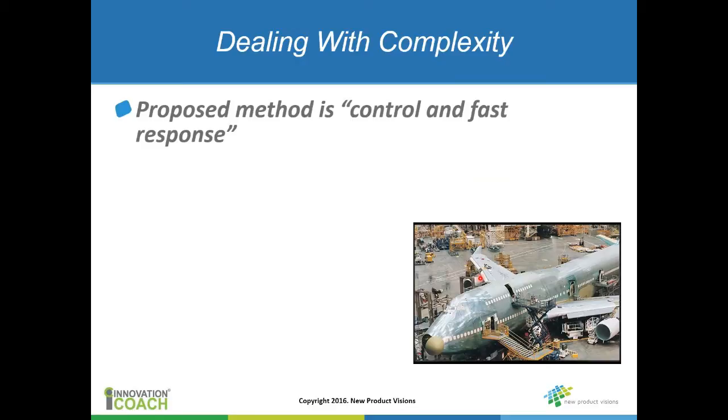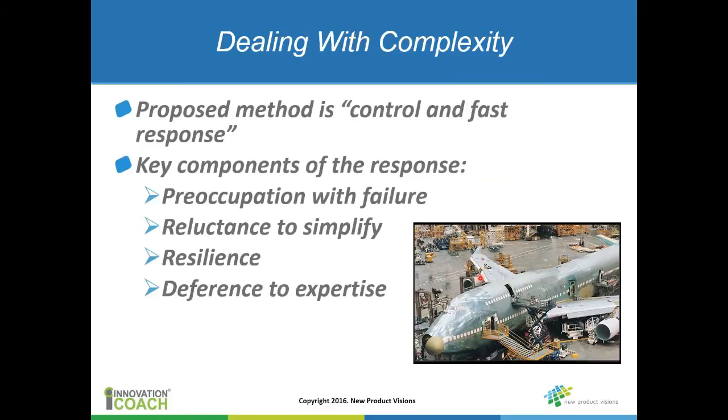In dealing with complexity, there's this concept of control and fast response, and there are really four key elements of that response. One is that if you are dealing with a complex system, you have to be preoccupied with failure. In other words, you need to really try to get the system to fail. And to go along with that, you have to be careful when it does fail not to simplify the reasons for why something might happen.